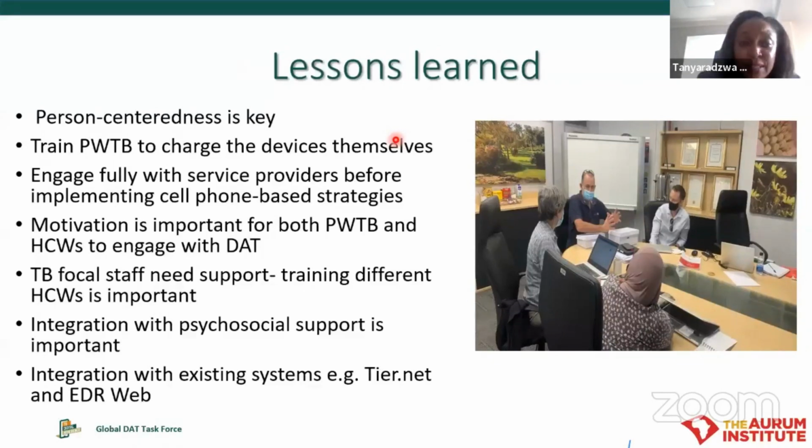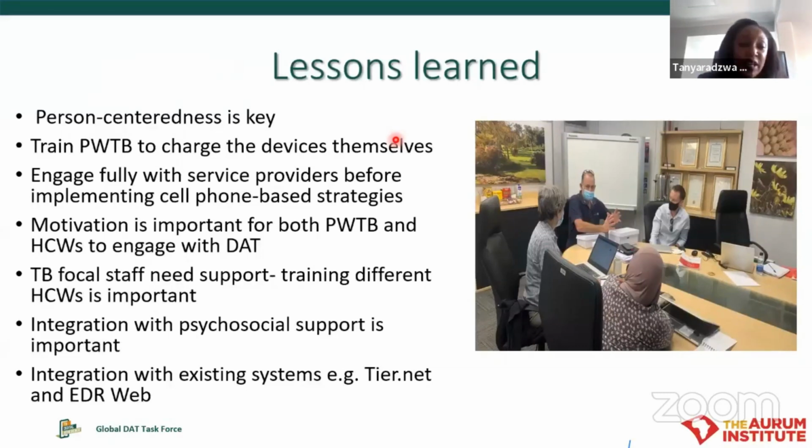And also it's important to integrate with psychosocial services because this technology helped healthcare workers to identify some of the psychosocial reasons why participants were not taking medication. And it was important for them to refer accordingly to social workers or psychologists. So it's important to integrate these two services.